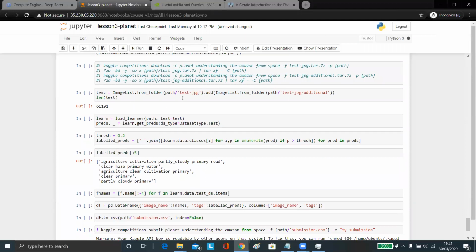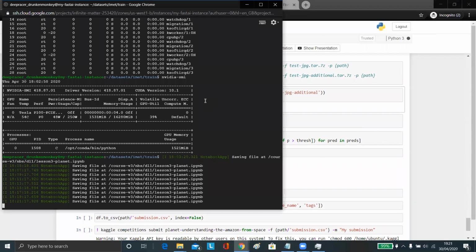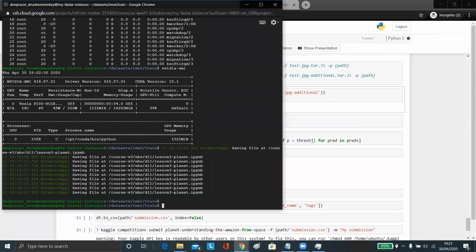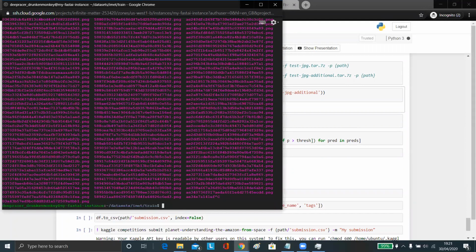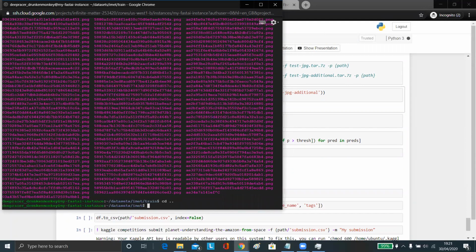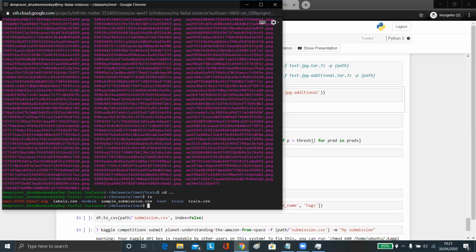Okay, so we've got our test data set already, and it's not called test JPG. Oh, bums, I did that again. So we've got our test. We've not done anything to make the labels meaningful either, but I don't think you need to do that for the sample submission.